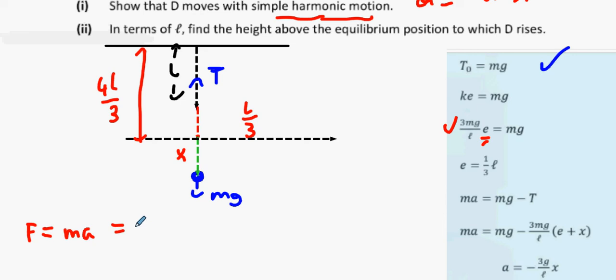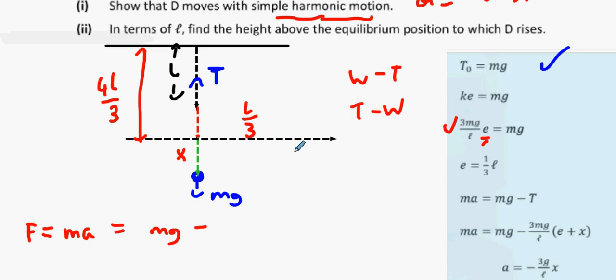Yeah, because you pull it downwards, which means it's about to go upwards. So we need a negative answer. So do we do weight minus tension, or tension minus weight? Which one will result in a negative answer? Weight minus tension. Exactly, weight minus tension. So it's mg now minus tension.